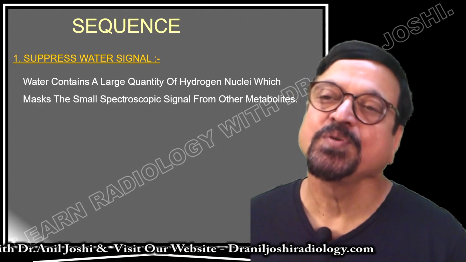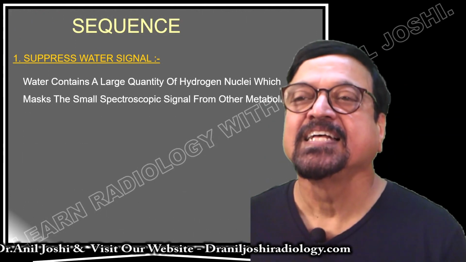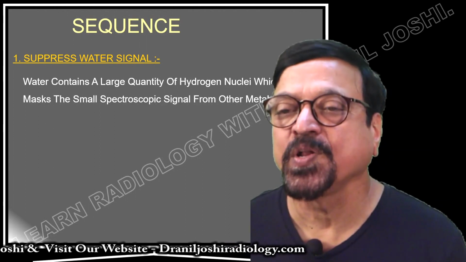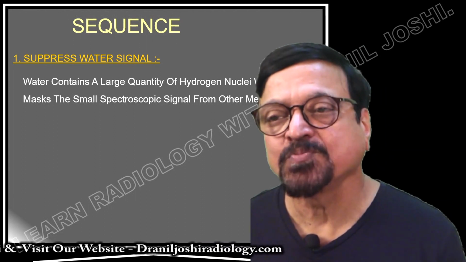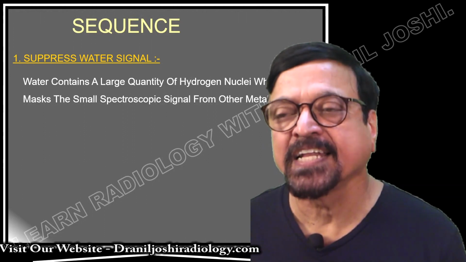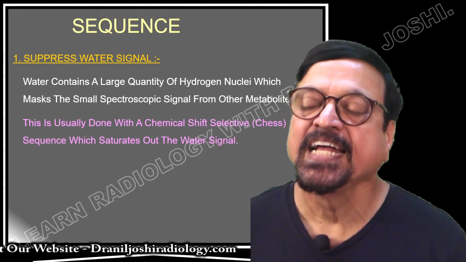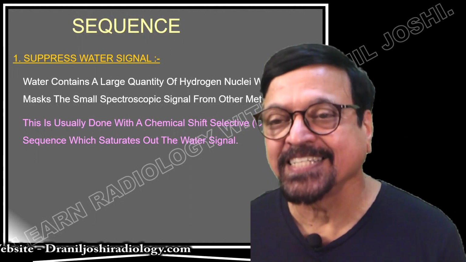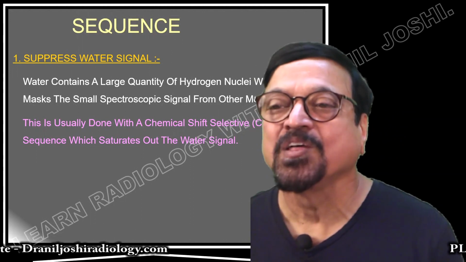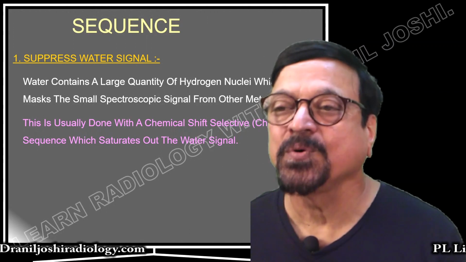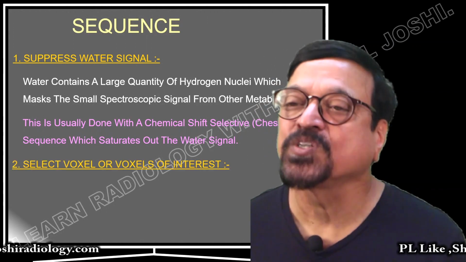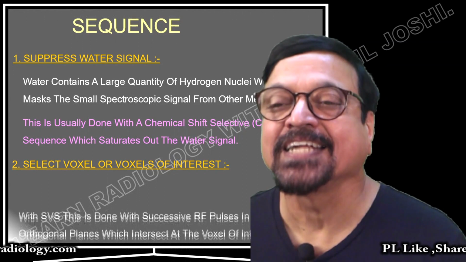Which are the sequences we use? One thing is suppressed water signal. Water contains a large quantity of hydrogen nuclei, which swamps the small spectroscopic signals from metabolites. It is usually done with a chemical shift selective, that is CHESS, sequence, which saturates out the water signal to select the voxel or voxels of interest.